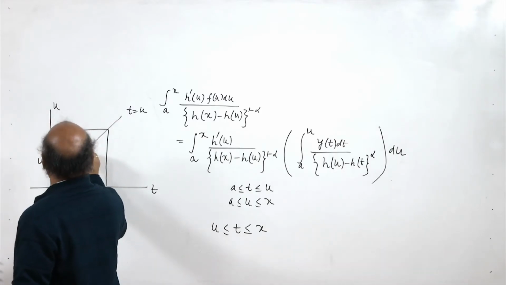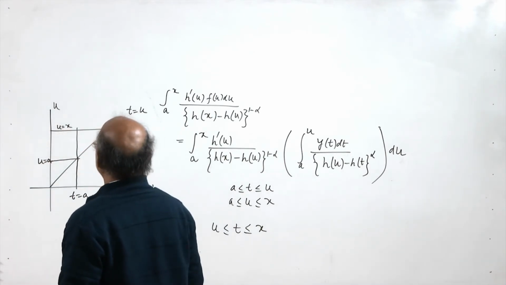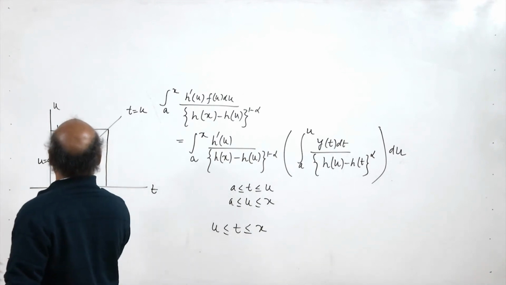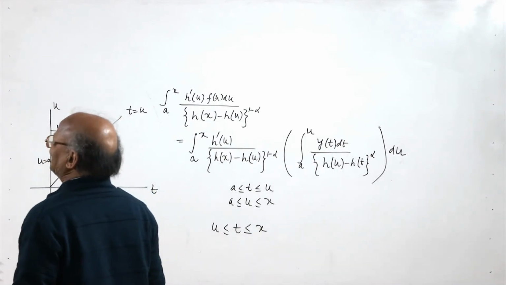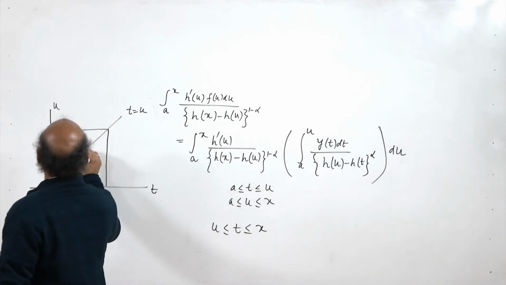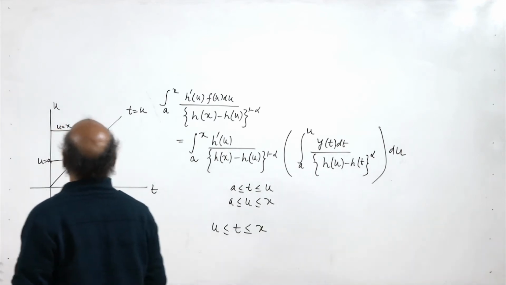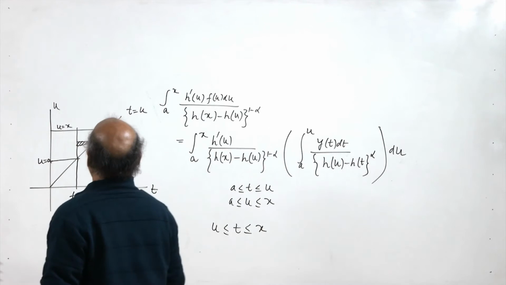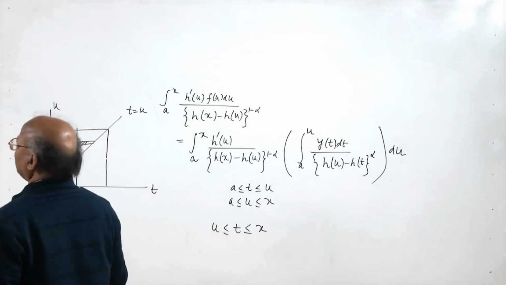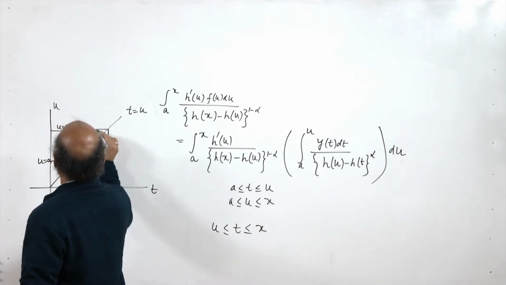So t varies from a to u, on this line t varies from a to u, and u varies from a to x. So I think this is the figure. So we have this region.